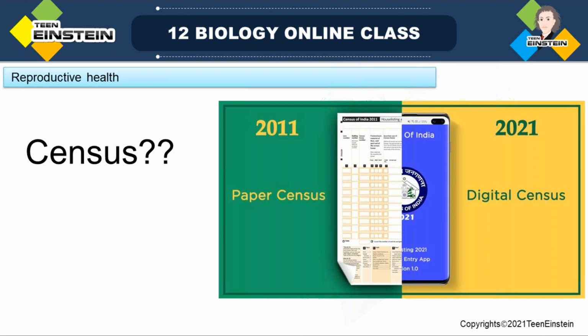In India, the first census was carried out in 1872. So what is census? It is officially collecting the data of population, then preparing that data about age groups, education, birth and death, sex ratio, all these things.